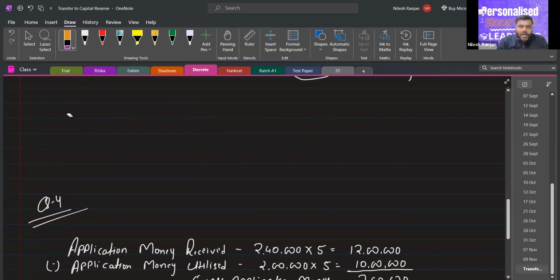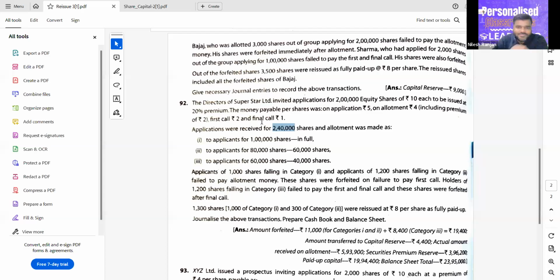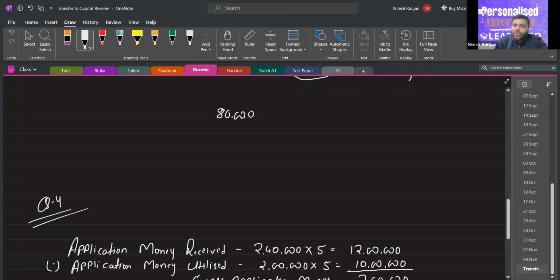In the second category, how much application money have we received? 80,000 into 5, application money is 4 lakh.